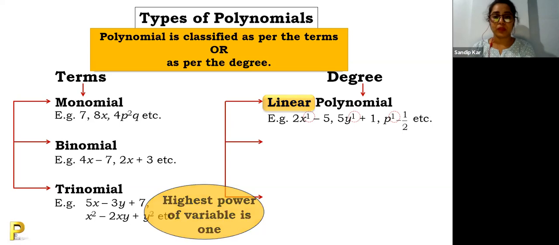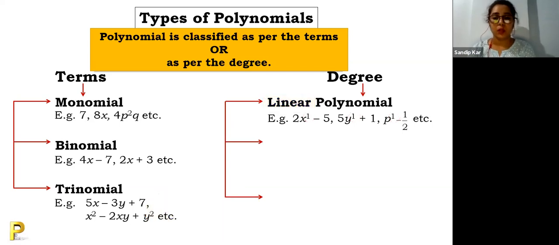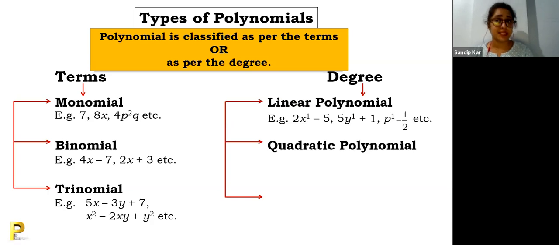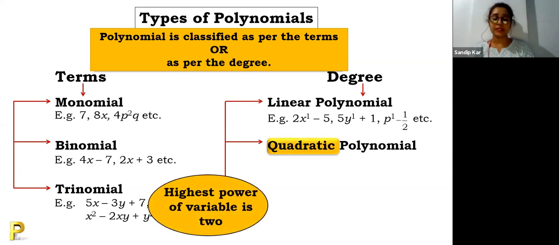Let's look at the next one, the quadratic polynomial. This sounds scary, but it is very easy. Quadratic means the highest power is 2. If the highest power of a polynomial is 2, then that polynomial is called a quadratic polynomial.